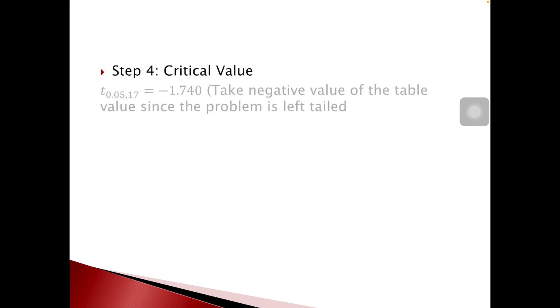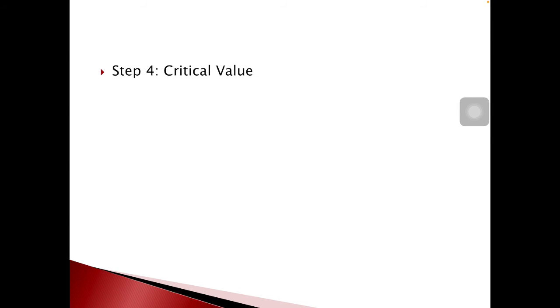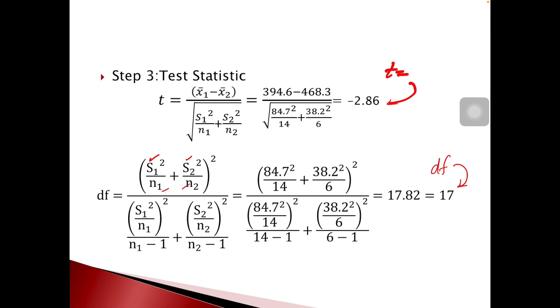Okay. So in this critical value approach, you have to go to the table and find t with alpha 0.05. You see they have rounded the degree of freedom down, so 17.